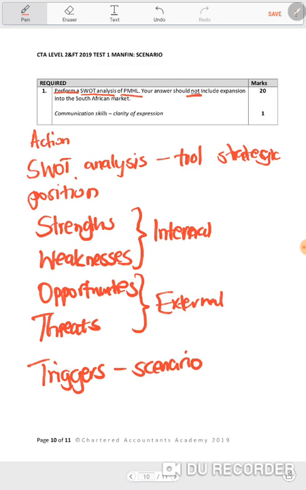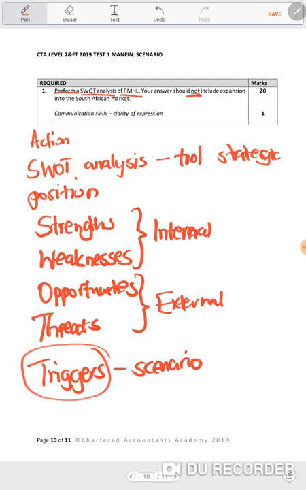So from the given information, we are supposed to identify strengths, weaknesses, opportunities, and threats. In your identification of the triggers, the information that we are supposed to use was limited, as I explained earlier, to the information in the scenario, which I highlighted as triggers.